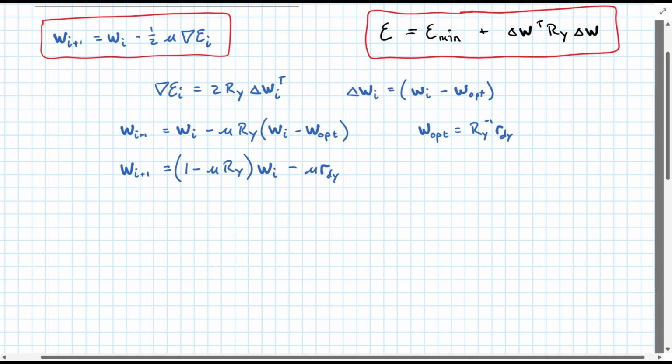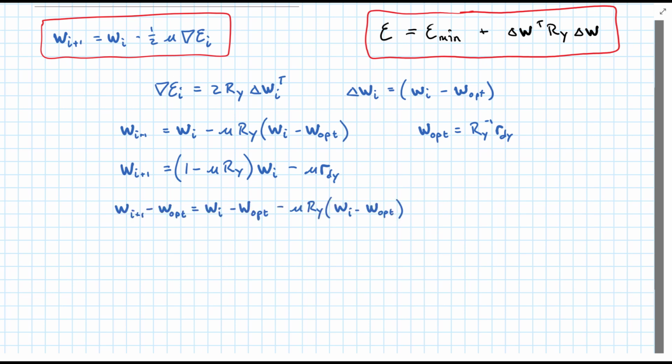So we're going to do a similar analysis to see how this behaves. That is, we are going to express everything in terms of our deltas by subtracting W opt from both sides, and we'll get an expression similar to what we had in our last lecture. So now we can write this in terms of our delta W's.